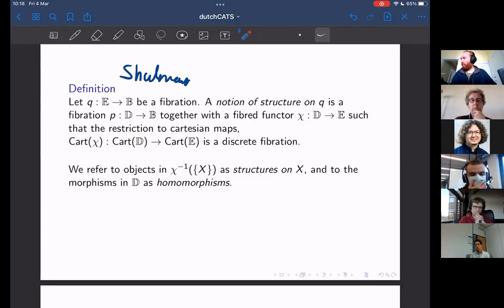And then a notion of structure is when this restriction to Cartesian maps is a discrete fibration.